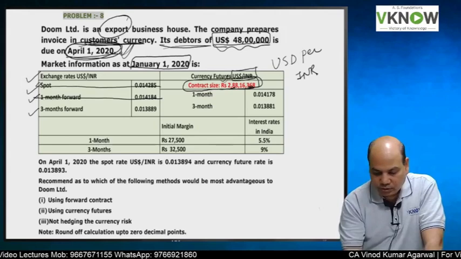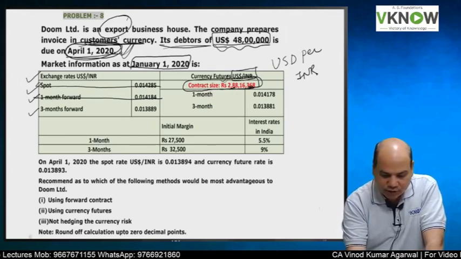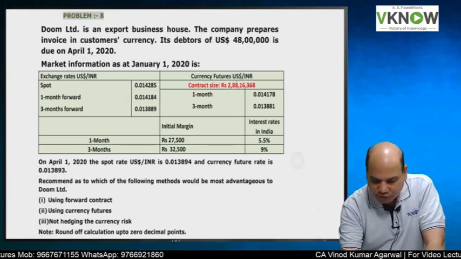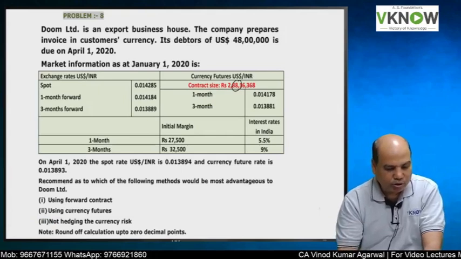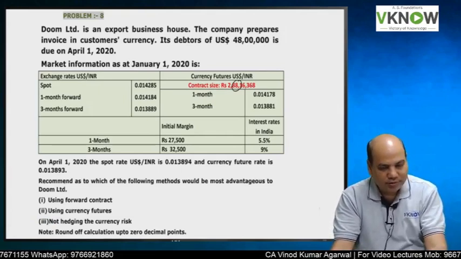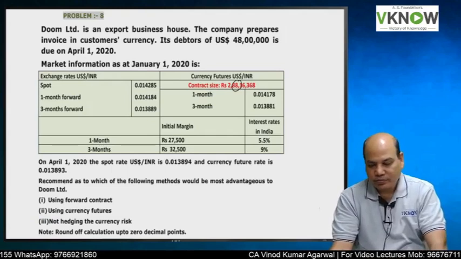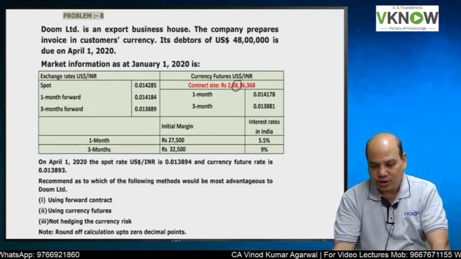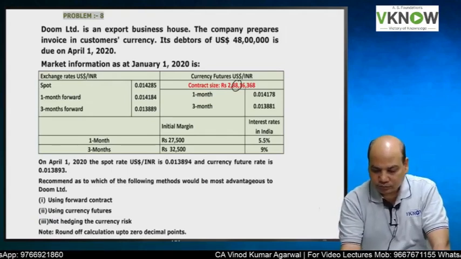Make a small correction. That is why I have written in red font. This number is 288. In your book it is typed 258, so kindly rectify. Have you rectified? 288, typing mistake.